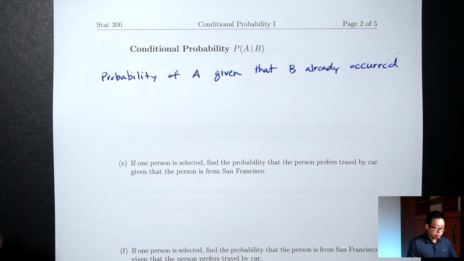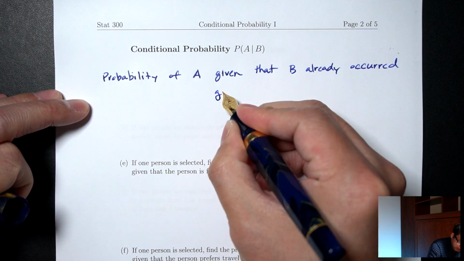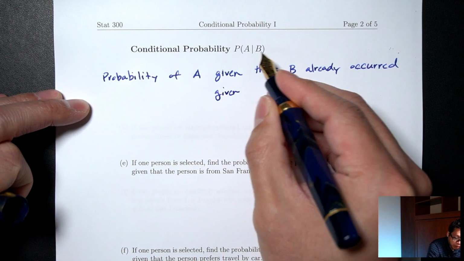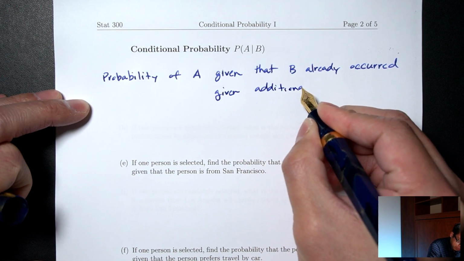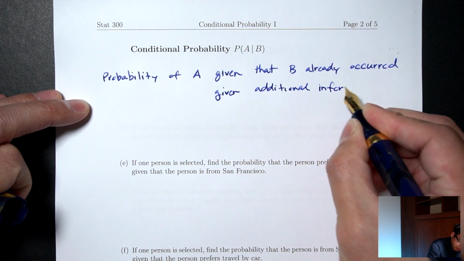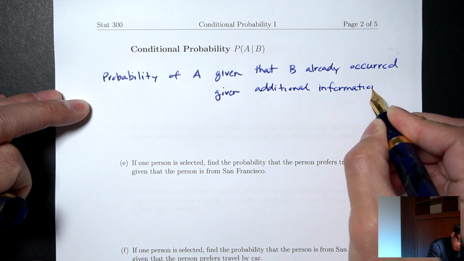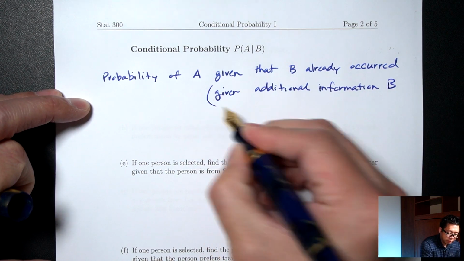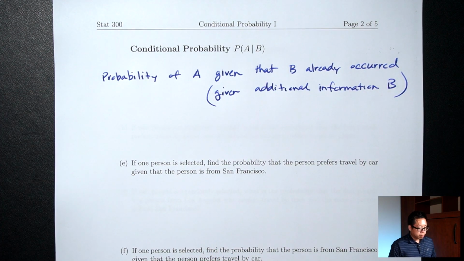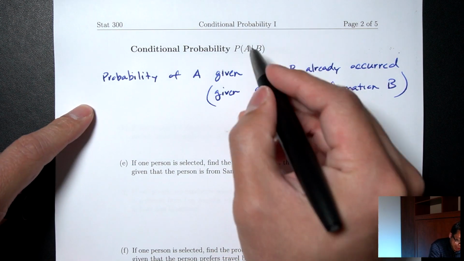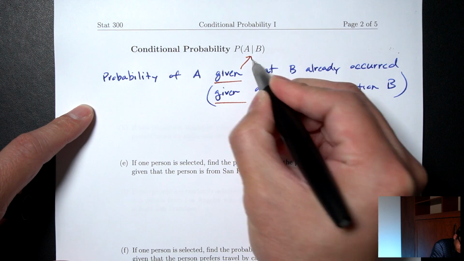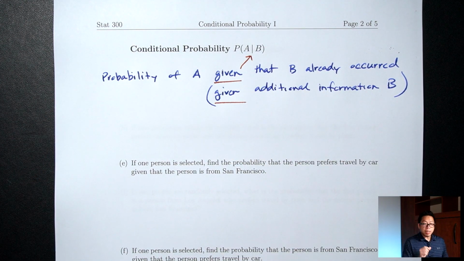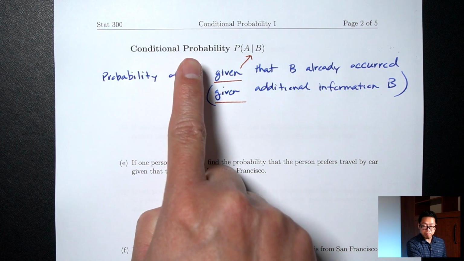Another way to think about this is probability of A given additional information B. And once again, this line here stands for the word given. So anytime you see the word given in a question, it's asking for conditional probability.